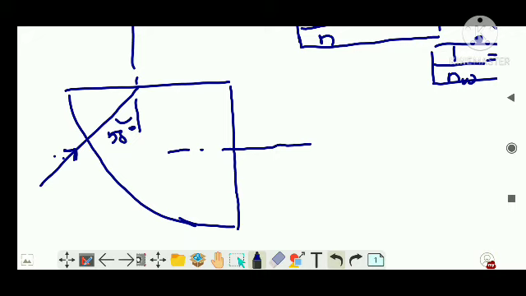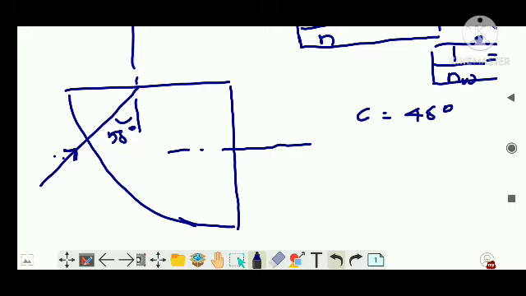And you are asked to draw the path of this ray after refraction, how the path will be achieved. You are told the critical angle is, let's say, 48 degree. Now how would you do it?